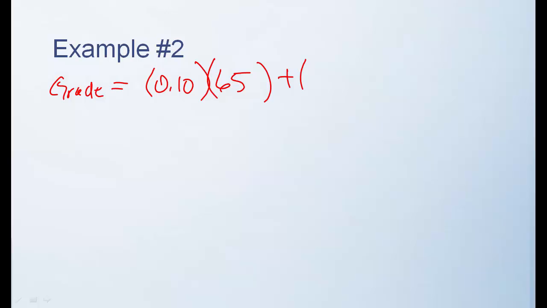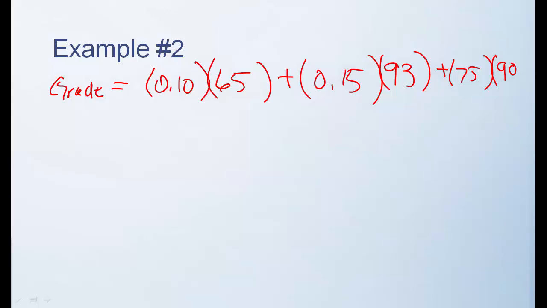These are worth 15%, and he got a 93 on his quizzes. Next, on the exams that are worth 75%, he got a 90 on the exams. Alright, and excuse me, this should be 0.75.